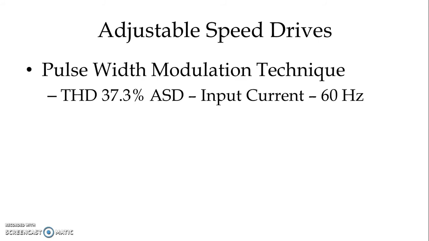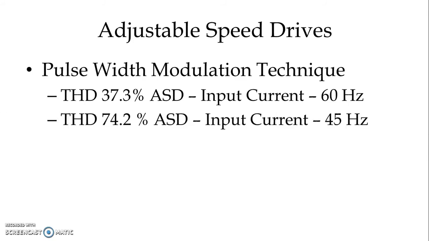We have taken 60 Hz as the fundamental frequency at this point. And if we operate our adjustable speed drive at a lower frequency, for example 45 Hz, then total harmonic distortion substantially increases to 74.2%.